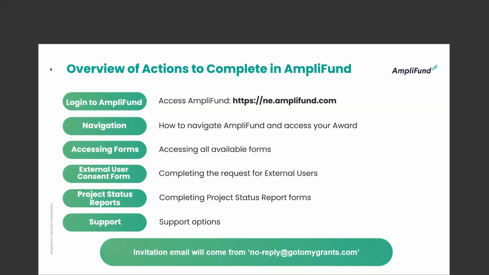So when we're looking at accessing forms, we're talking about two different types of forms, I'll say, more than two forms though. Completing the external user request form is one, and then also how to fill out any of your project status report forms. So that is the main area of emphasis on today's webinar. We'll be focusing on how to submit that request for external users, but mostly we will be focusing on completing your project status report, accessing the associated forms, filling them out, and making sure that they get submitted to your DED program.